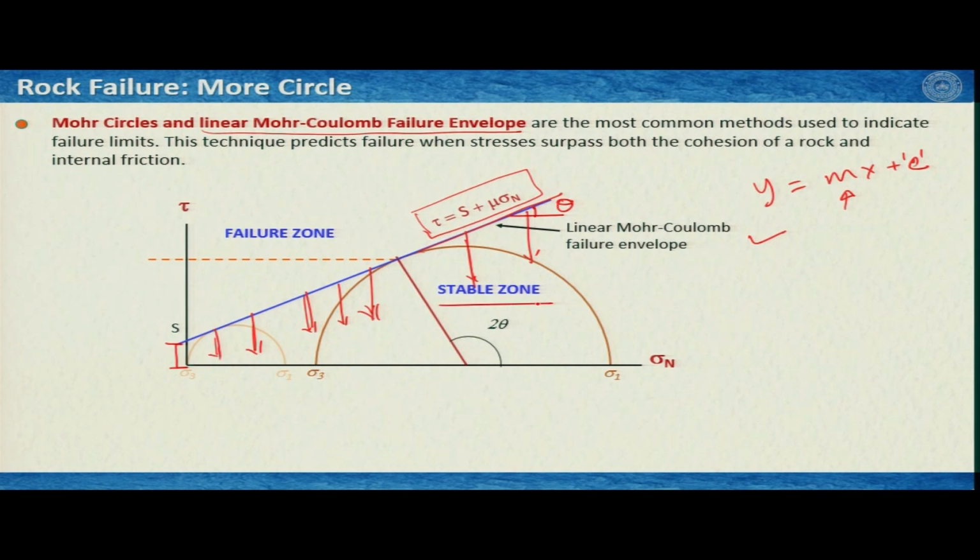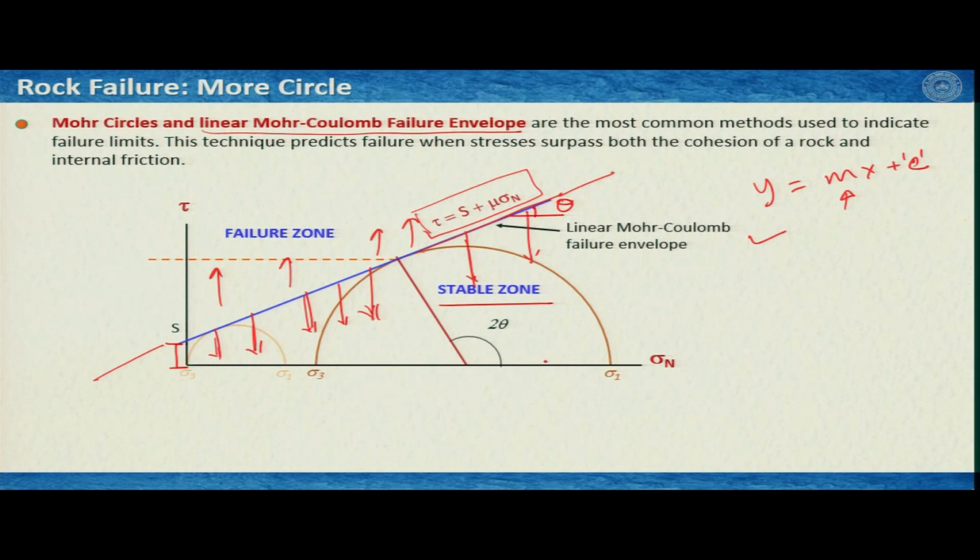So, this is a stable zone. If the stress is on this side, then the rock would produce fractures, so, this is the unstable zone. So, this line is actually very important to separate out the stable field and unstable field of the rock.